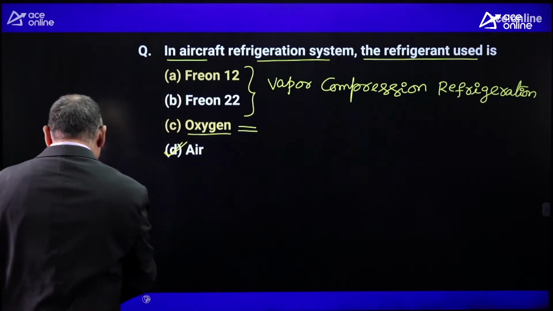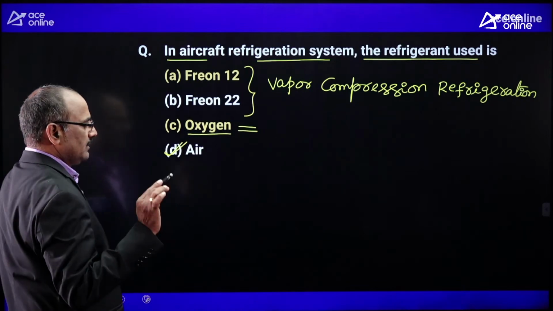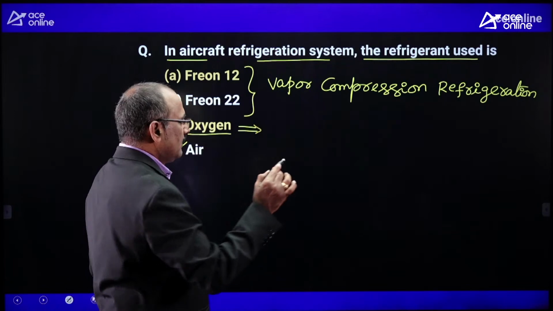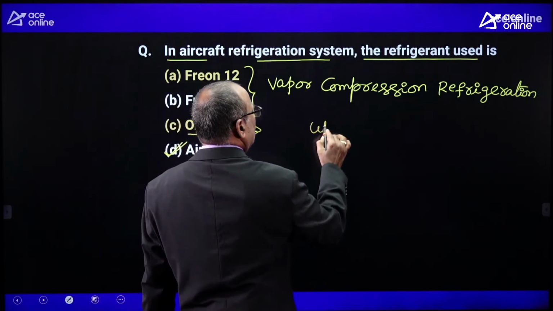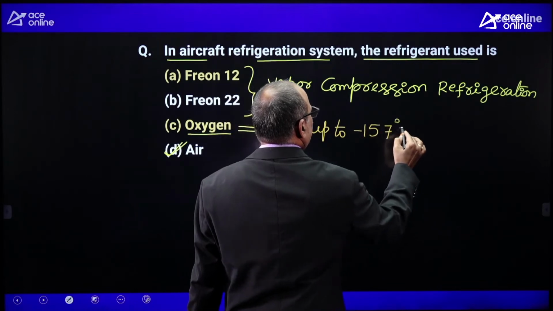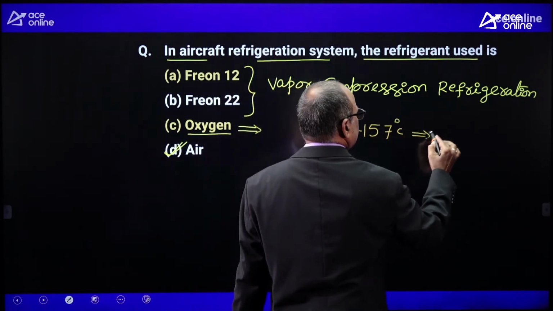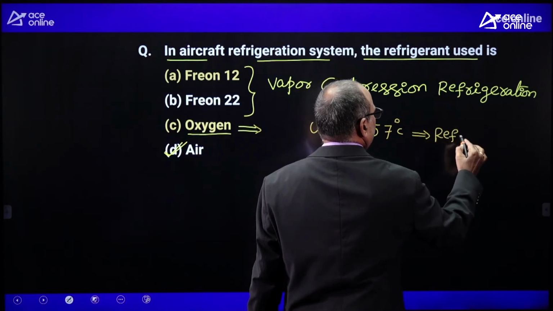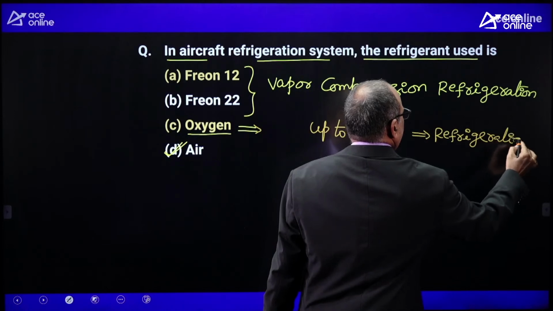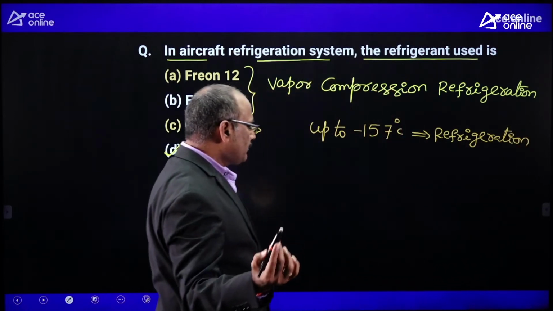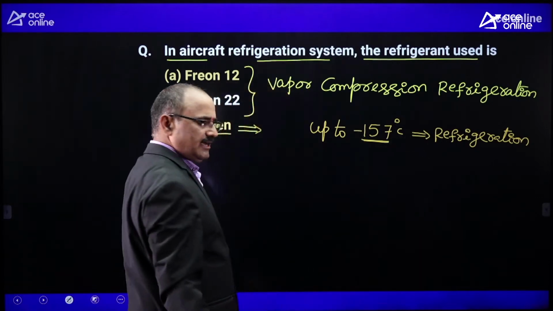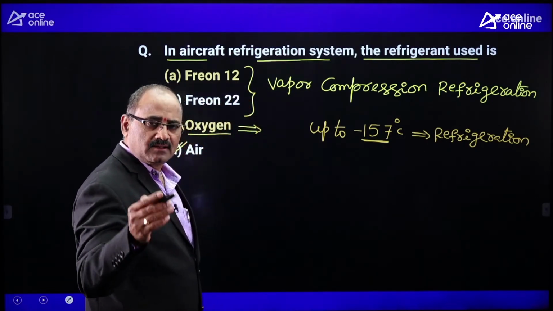Dear friends, the method of artificially providing and maintaining temperatures up to minus 157 degrees centigrade is called refrigeration.